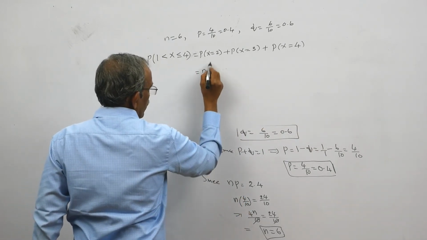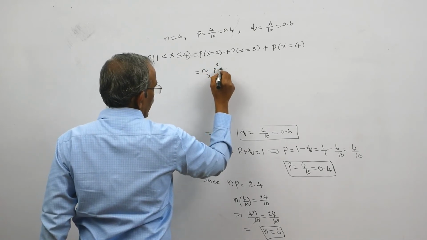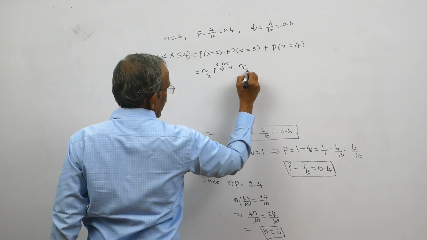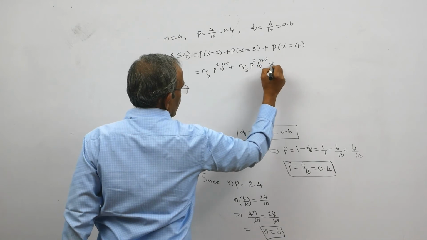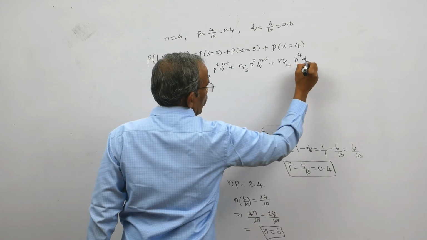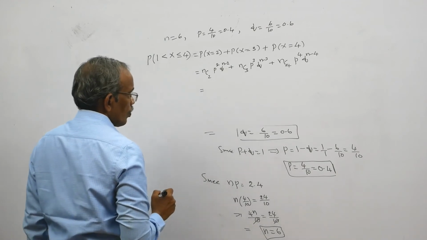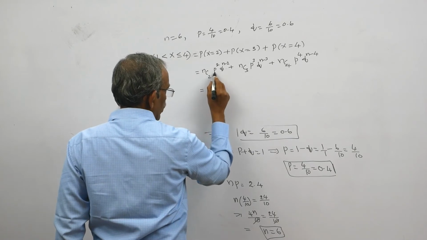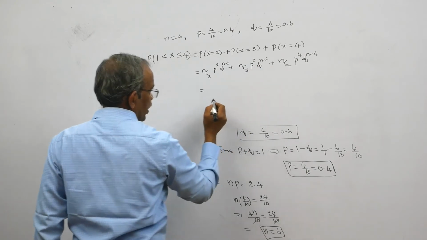Here x value is 2, so nc2 p power k q power n minus k. p of x equal to 3 means nc3 p cube q to the power of n minus 3. p of x equal to 4 is nc4 p to the power of 4 q to the power of n minus 4. nc2 into p square into q power n minus 2. Here we get nc3 into p cube into q power n minus 3.